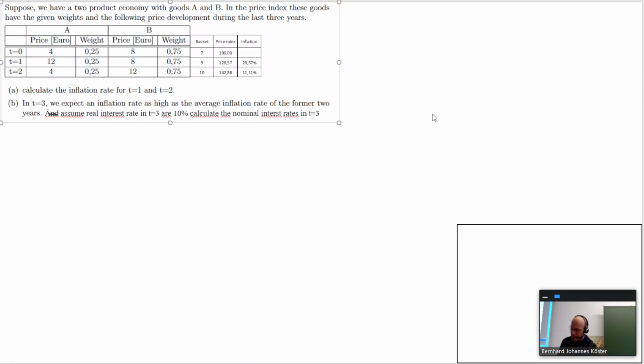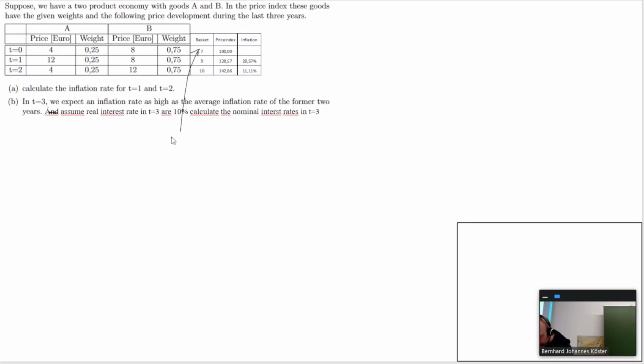So here we are. In order to be complete, let's say this 7, for example, is 0.4 plus 8 times 0.75.